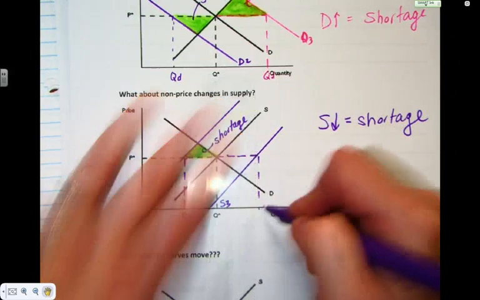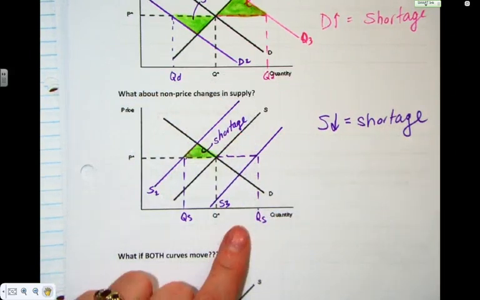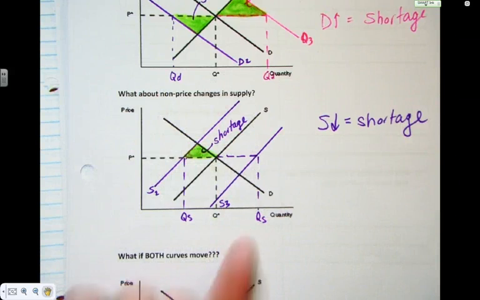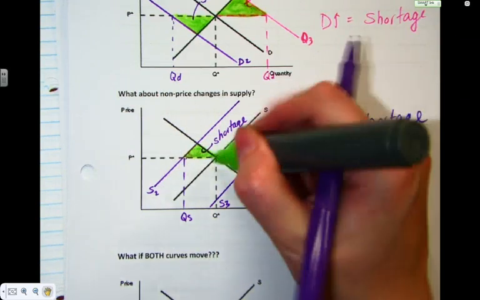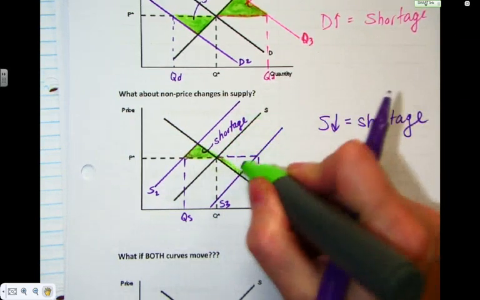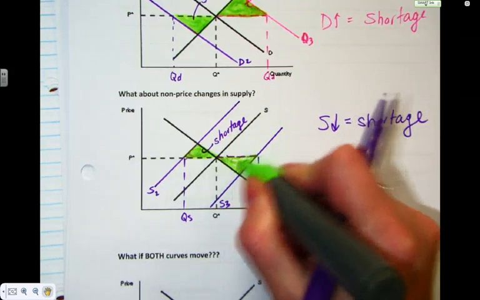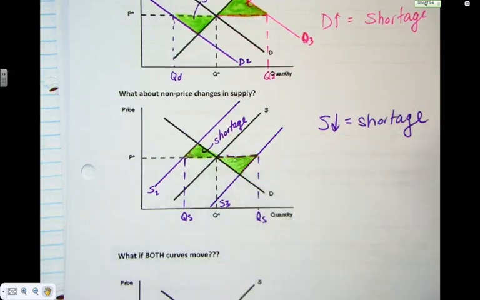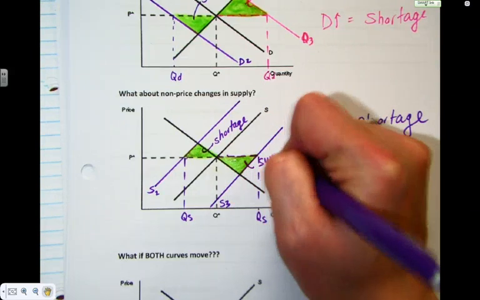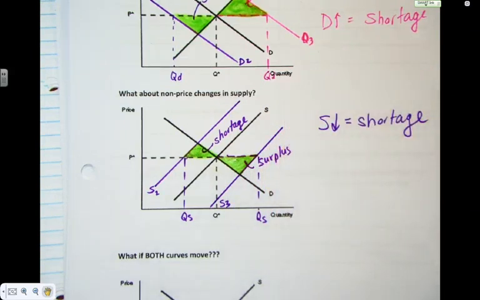Okay, getting the new quantity supplied. So now the quantity supplied is higher. So what's going to happen? And the triangle pointing down indicates as well it's a surplus.